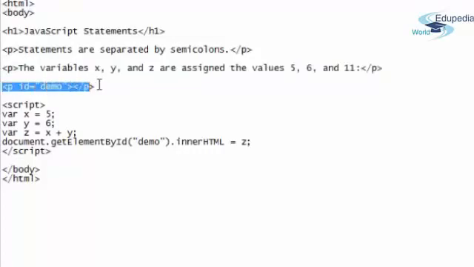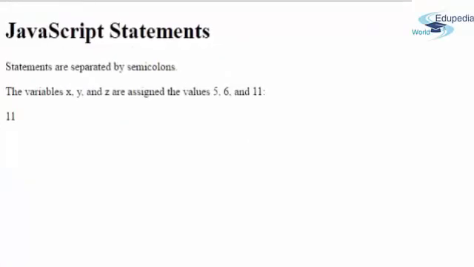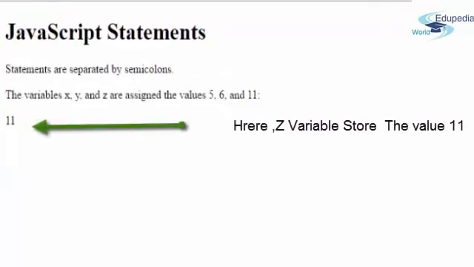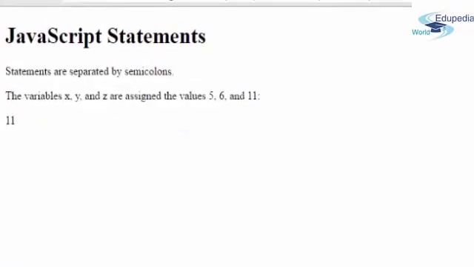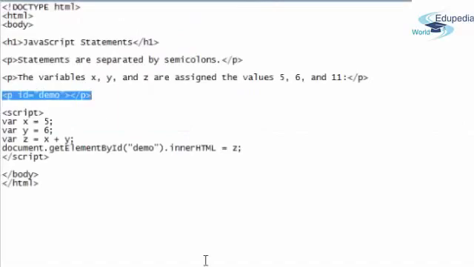This paragraph here is being given a value of demo, and demo is nothing but z, and z is x plus y, and x is 5, y is 6, and the total is 11, and that's exactly what you see here. So this is how you write the syntax for a simple program. Let's move on to the next topic.